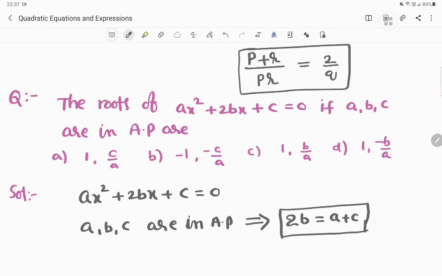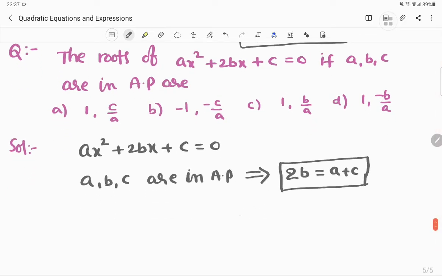So 2b equal to a plus c, then the roots are negatives of the roots, that is minus 1 comma minus c by a, which is there directly. So the second option is the right option. That is the use of properties. If you learn the properties thoroughly, you are able to give the answer. Hope everyone understands.